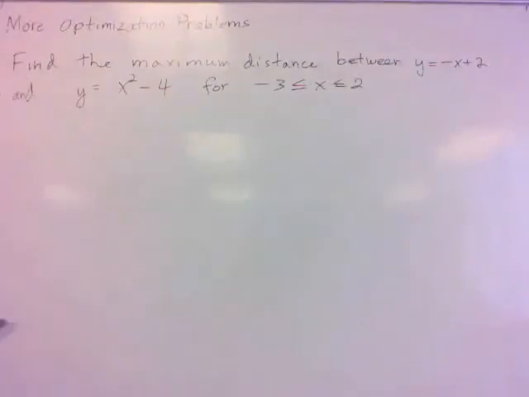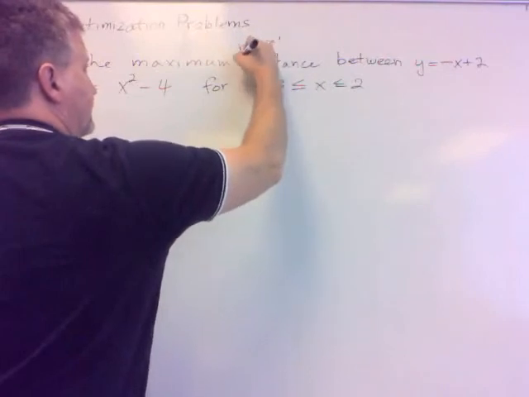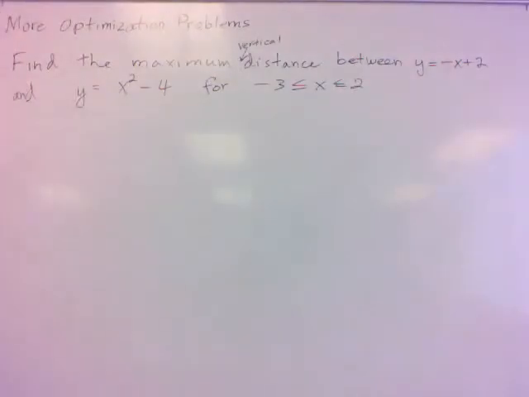Okay? Pretty much like one in the book, but find the maximum vertical distance. Forgot that word. That's an important word. We'll do that other in just a second, but find the maximum vertical distance between those two things.